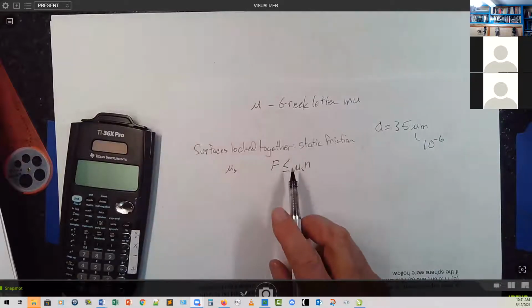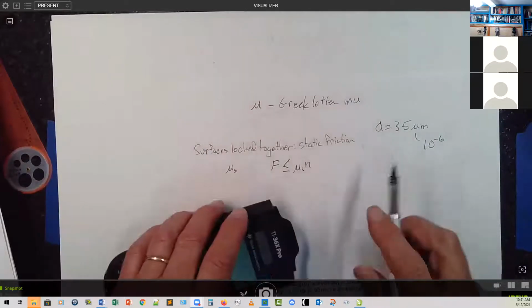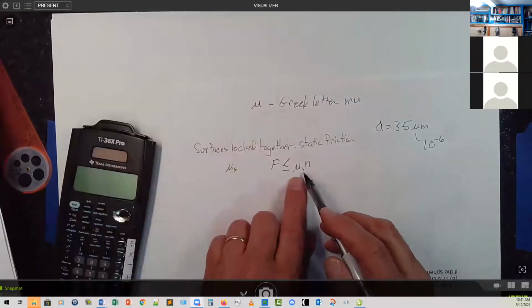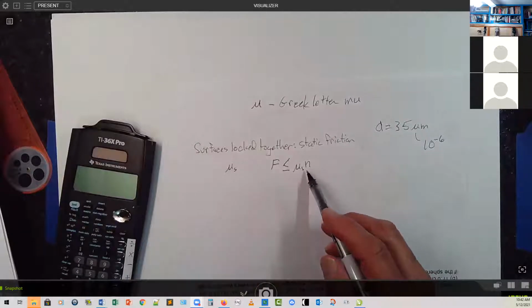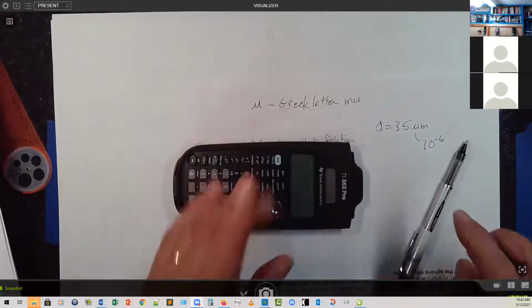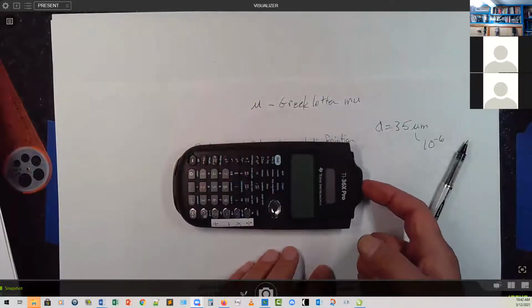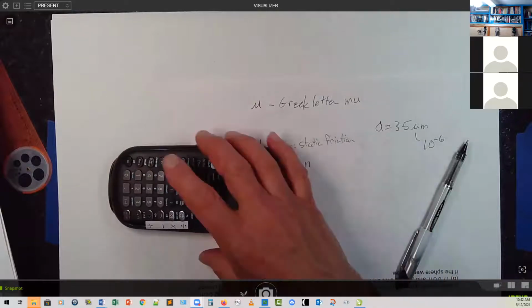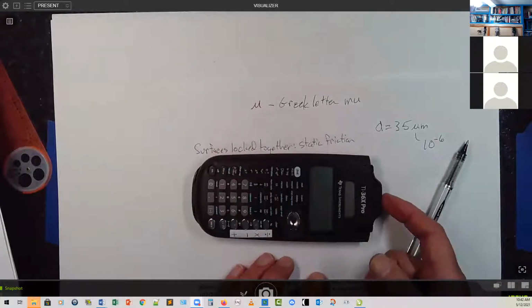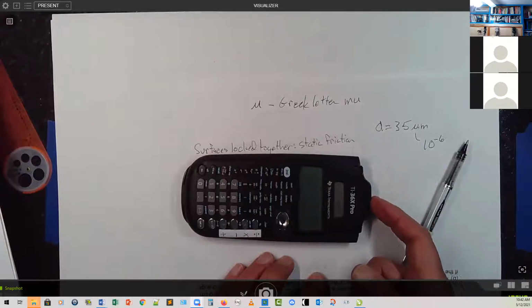That less than or equal to means it has a maximum value of mu sub s times n, but it can be less than that. It's that maximum value that you have to overcome to get something to move. If you're just not pushing enough, the static frictional force will just increase in strength until it reaches that maximum value, and then it'll break free.